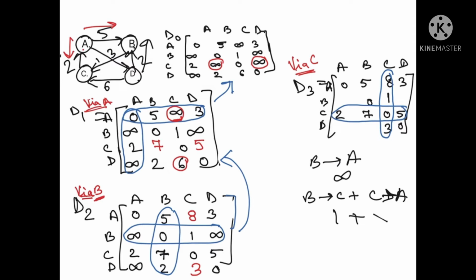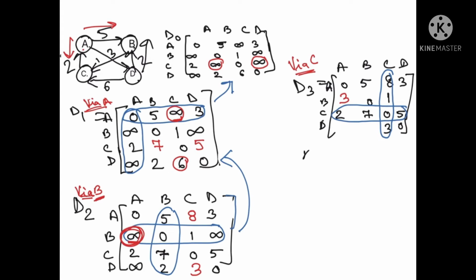See this one, B to C and C to A. Correct? Okay. So 1 plus 2 is equal to 3. So 3 and infinity, we will use 3 here. So which number changes here? 3. ये जो infinity था, इसको we have changed it over here. That is 3. Okay, now B to D. Let's start with the B to D one.